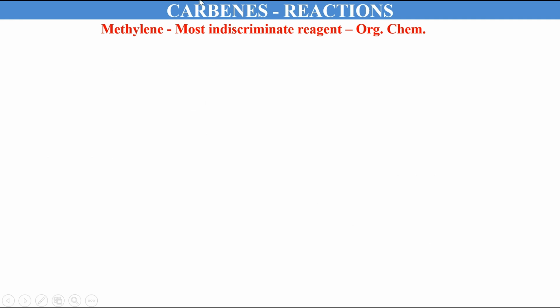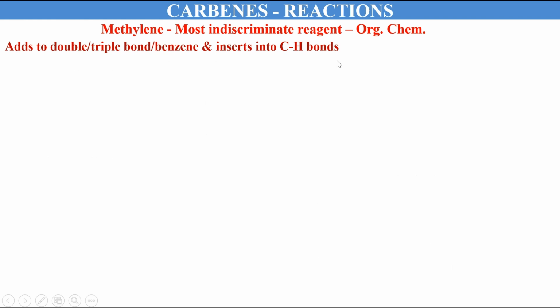It can undergo all three. That's why it is called the most indiscriminate reagent in organic chemistry. It can add to multiple bonds like double bonds or triple bonds, even to the pseudo double bonds in benzene, or it can get inserted into C-H bonds.